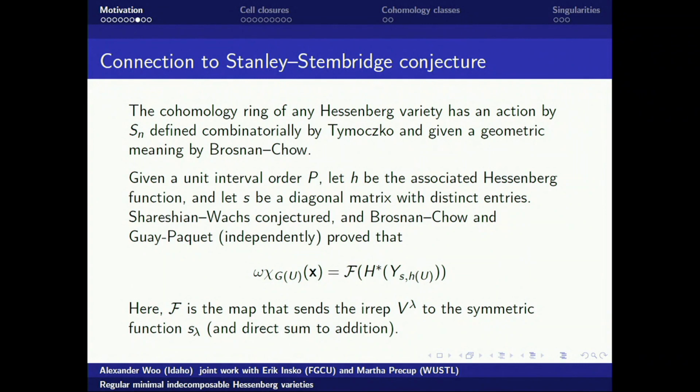And I have to tell you what X is. X here should be a diagonal matrix with distinct entries, and the Hessenberg function corresponds to the unit interval order.